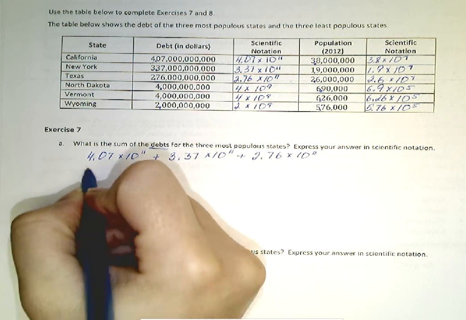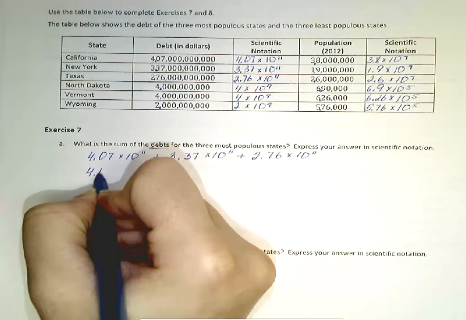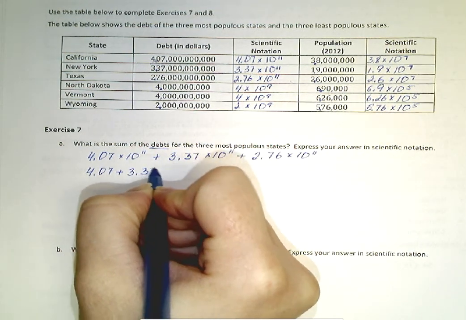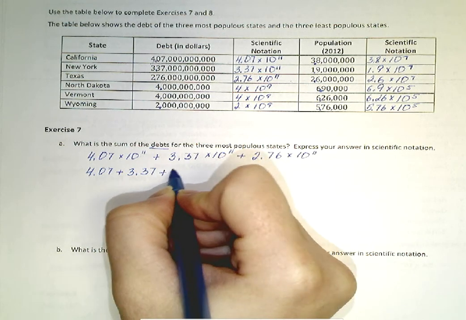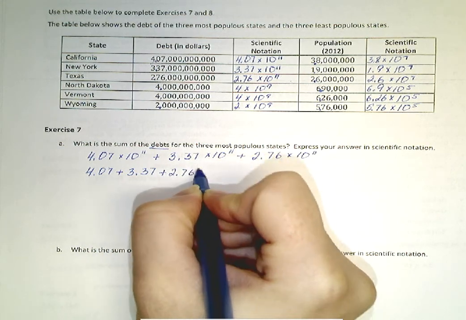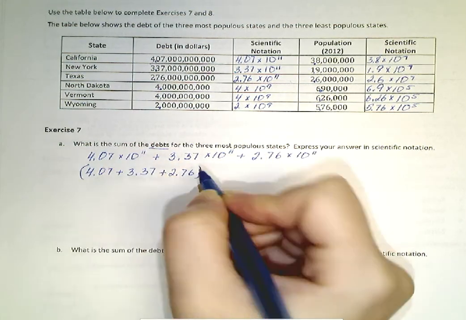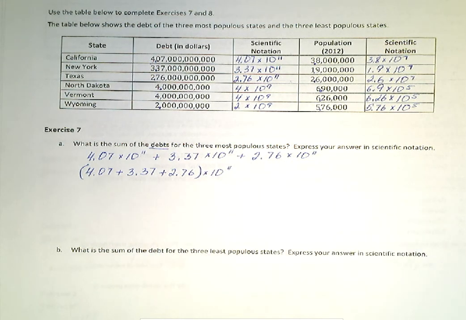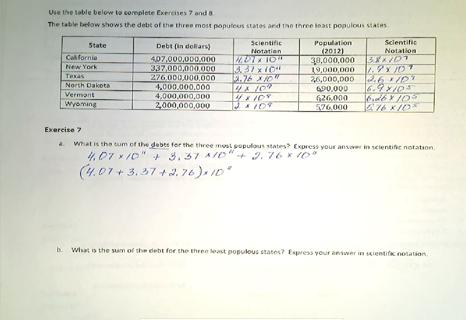I can rewrite that as 4 and 7 hundredths plus 3 and 37 hundredths plus 2 and 76 hundredths, in parentheses, and multiply it by 10 to the 11th power. Because if I do the opposite, I'm going to multiply that 10 to the 11th power by all of these three numbers inside the parentheses.